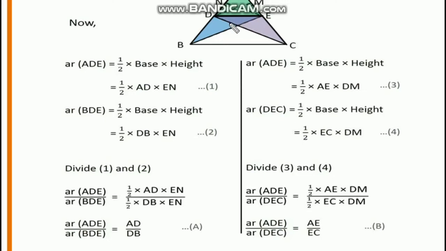Okay, so this kind of triangles has the same area. So the area of triangle DBE equals the area of triangle DCE. Okay, so these two areas are equal.